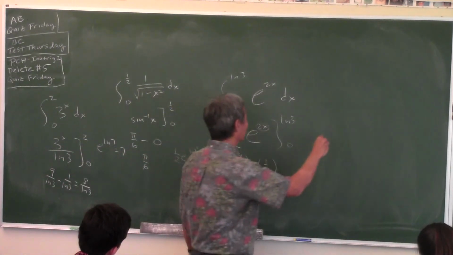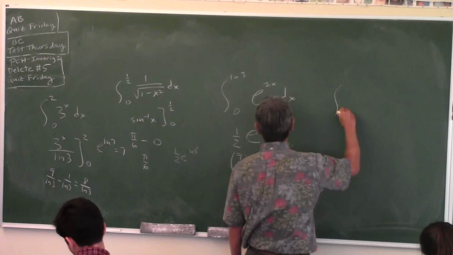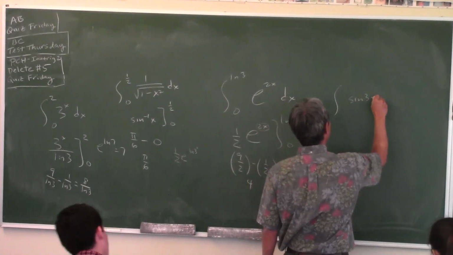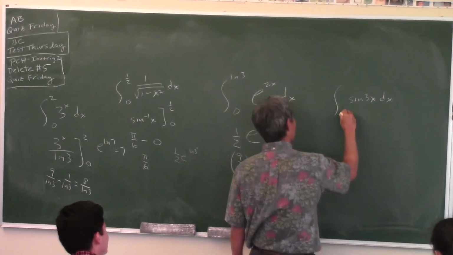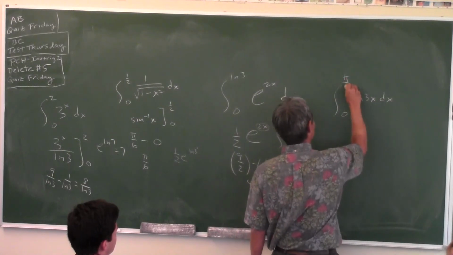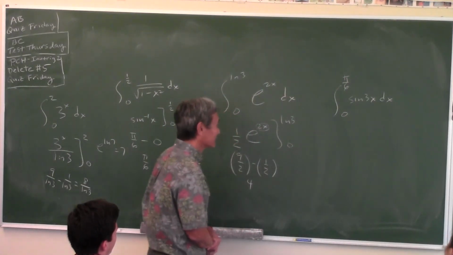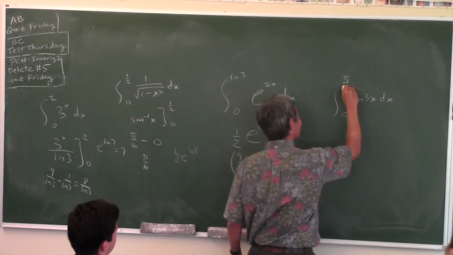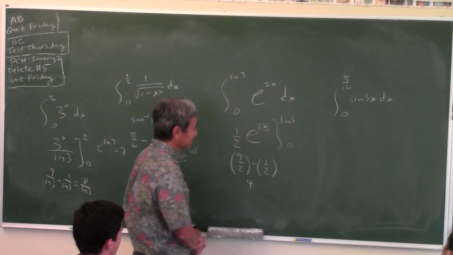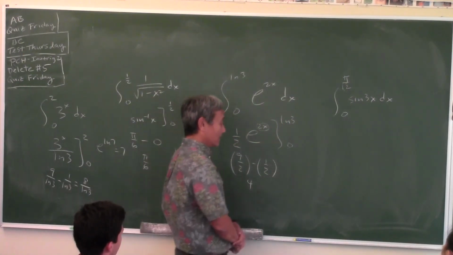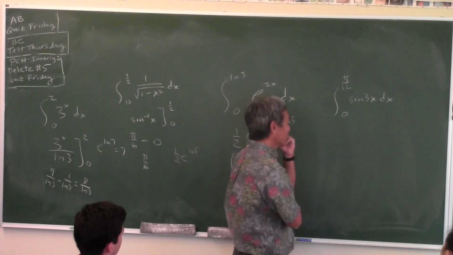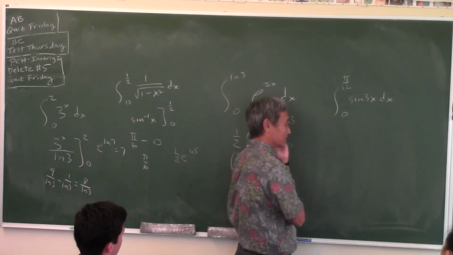Okay, I'll give you another one then. Last one. Integral of sine 3x dx from 0 to pi over 12. What's the antiderivative of sine 3x? 1/3 negative cosine.